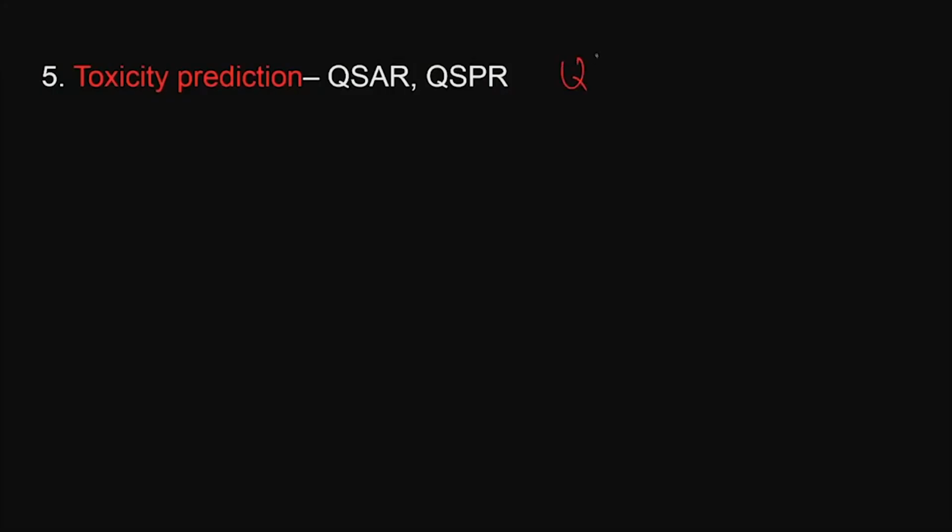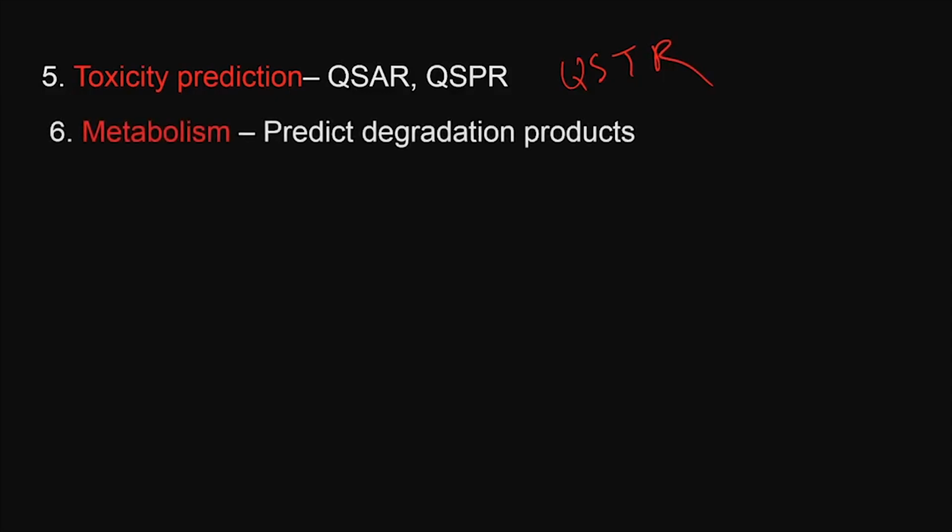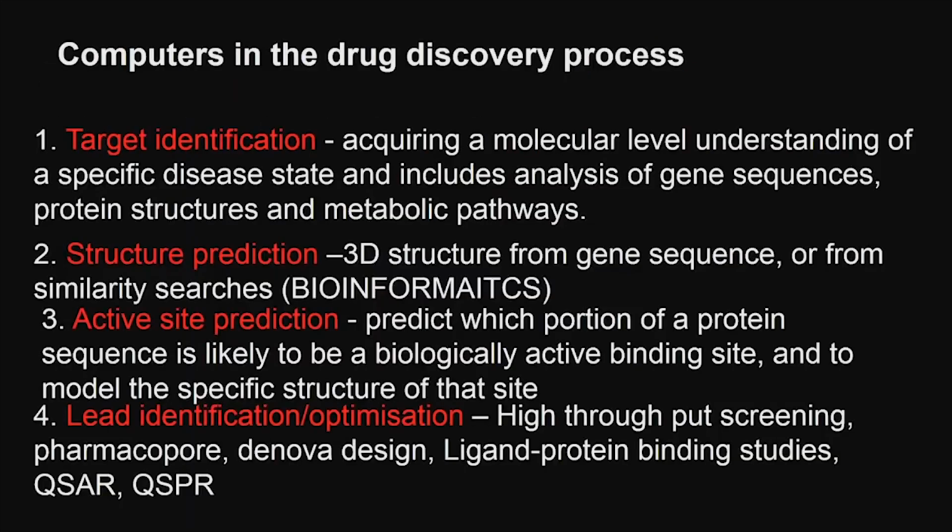There is software now which can predict toxicity based on QSPR. They also have something called QSTR, quantitative structure toxicity relation. And then metabolism: can I predict the degradation of the drug into various products? All these are possible using computational tools.